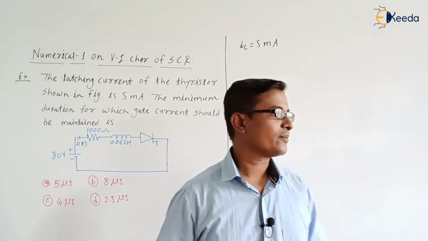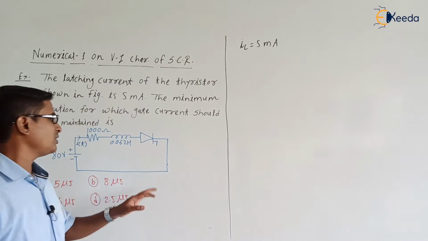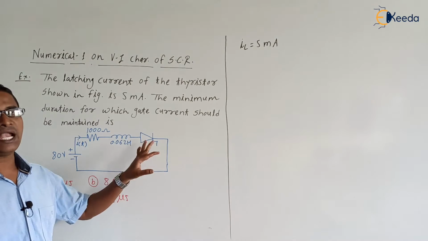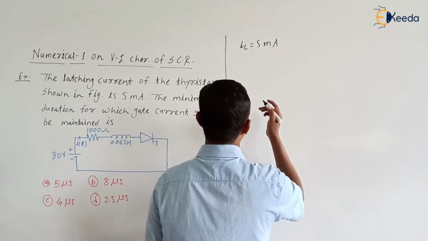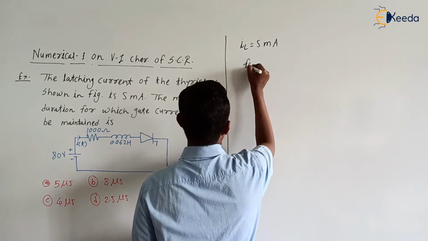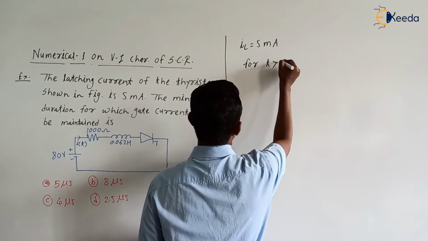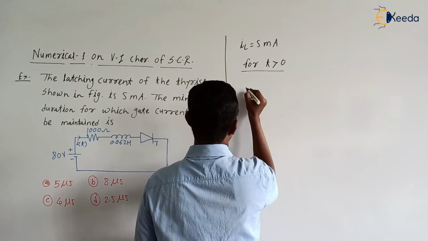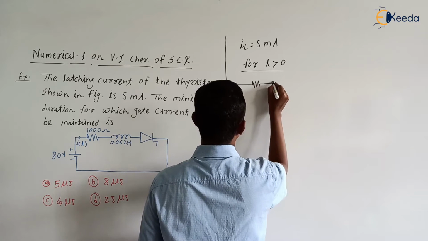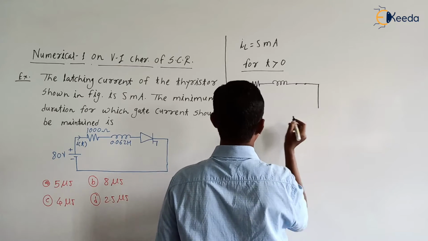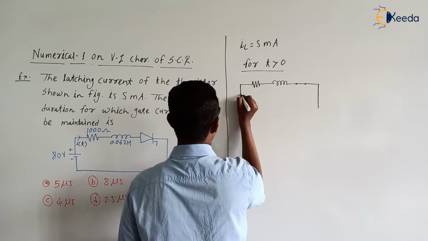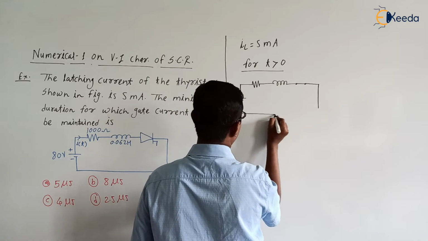Now suppose we have turned on the SCR by using the gate signal at t equal to 0. For t greater than 0, can we draw the circuit? It is a resistor and an inductor, with the SCR acting as a short circuit, and we have the voltage source.